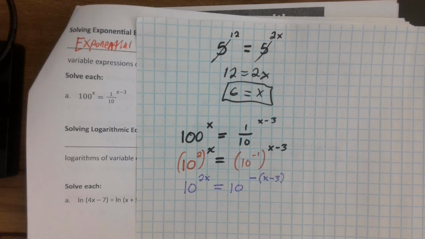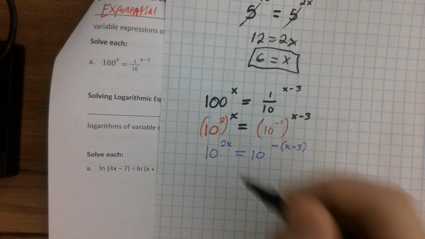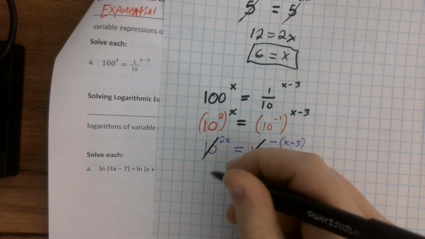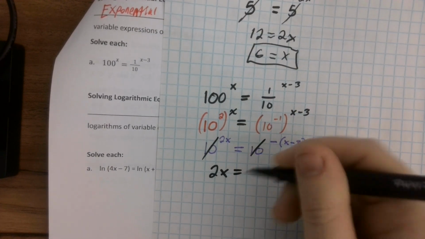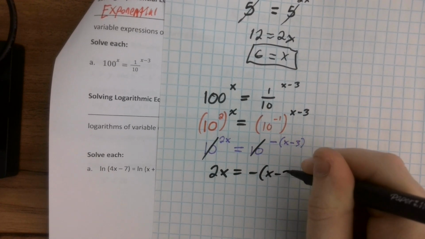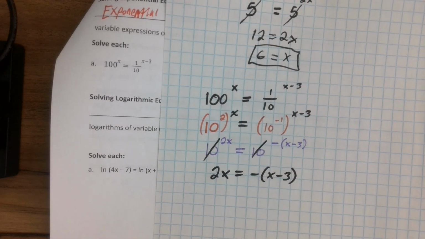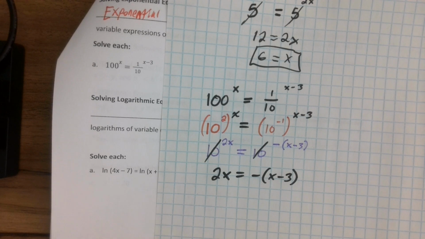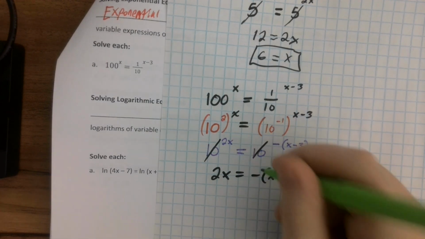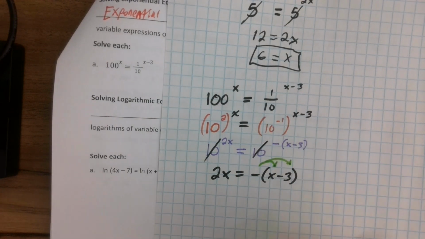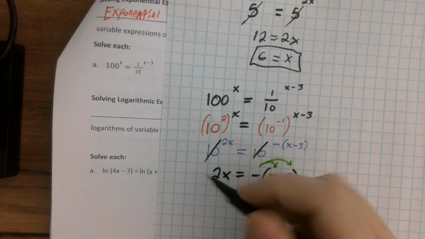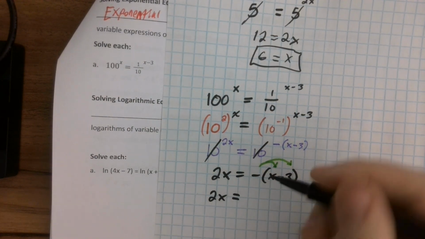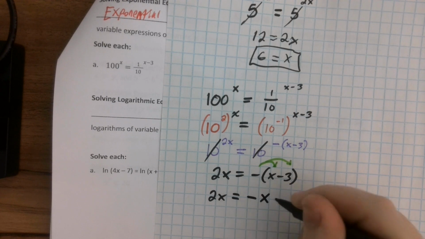And now we have the same base. So once we have the same base, it's open season. We set the exponents equal to each other and solve for x. So to solve for x, we need to get x's on the same side. That means we should distribute our negative into the parentheses, giving us 2x equals negative x plus 3.